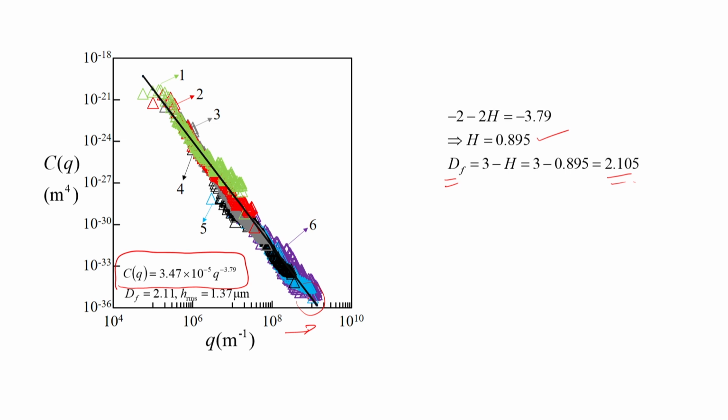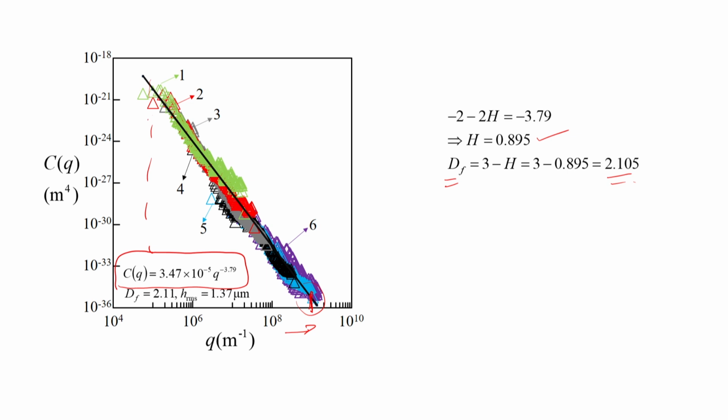Since you are using an atomic force microscope, this range corresponds to the diameter of the atomic force microscope tip. One cannot have better resolution than the diameter of the AFM tip, right. So, this corresponds to that, and over here this corresponds to the large features.